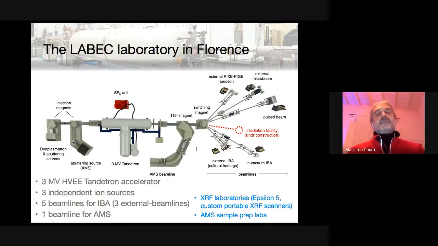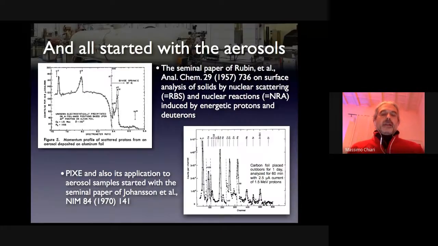Actually, this external microbeam line is under upgrade, so at the moment it is not working. Then we have a pulsed beam facility for irradiation and implantation of even single ions in materials. And then there is under construction a specific facility for irradiation with low energy protons, especially designed to test electronics for space applications.